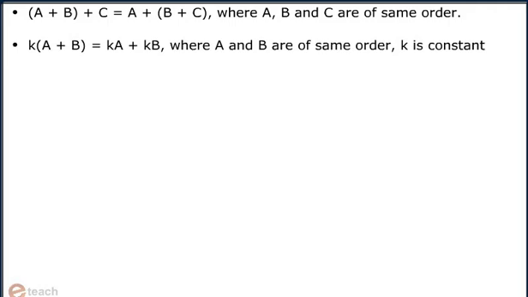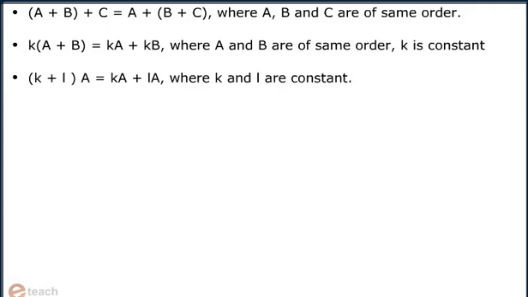k(A + B) is equal to kA + kB, where A and B are of the same order and k is a constant. (k + l)A is equal to kA + lA, where k and l are constants.